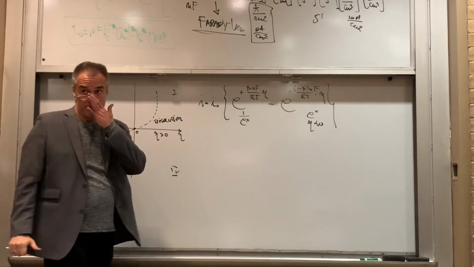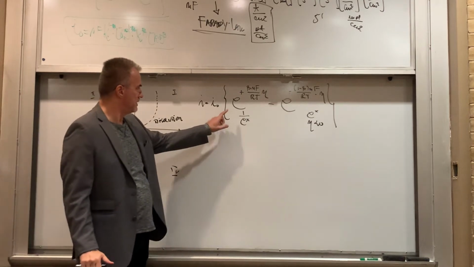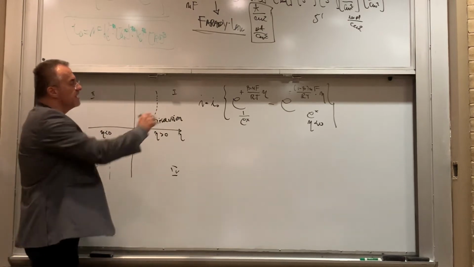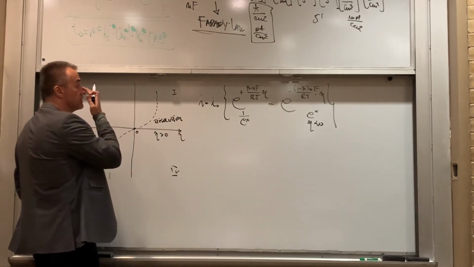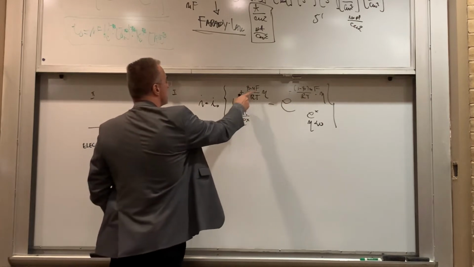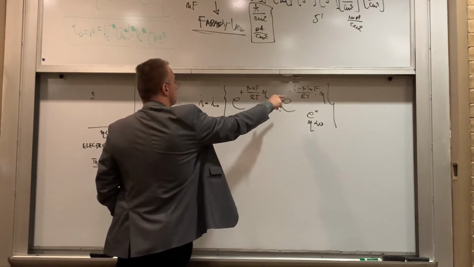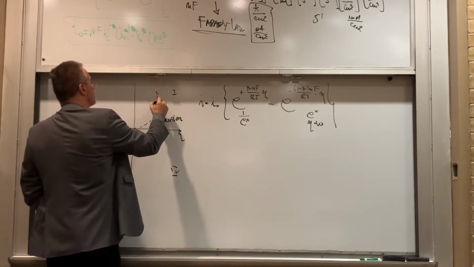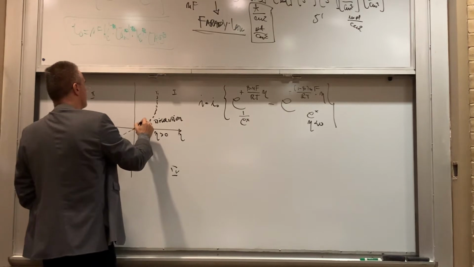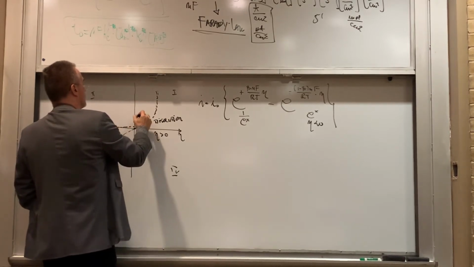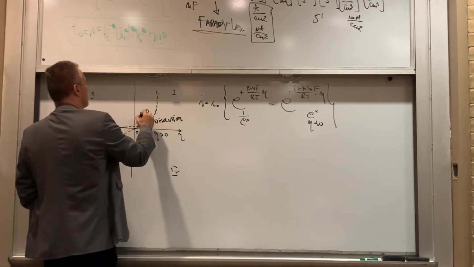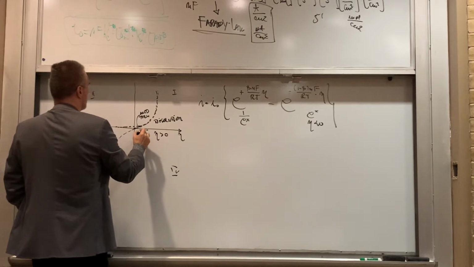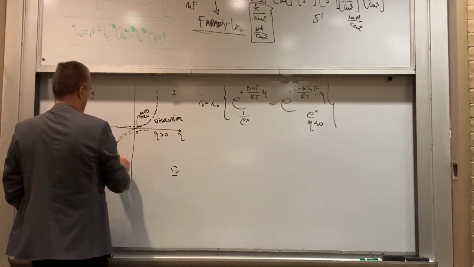What that really means, if I just separate these two and look at each of these separately, is that as long as I have a positive overpotential, which basically means that now this is positive, now this is negative, we can just think about the contribution of this anodic term and cathodic term.